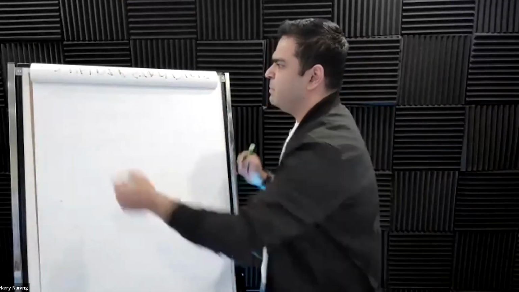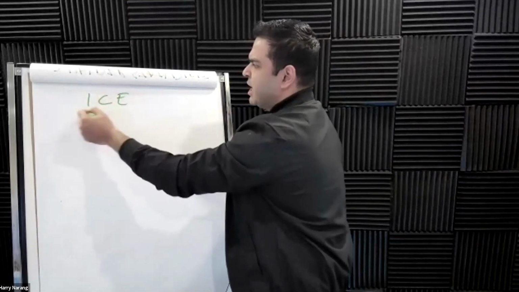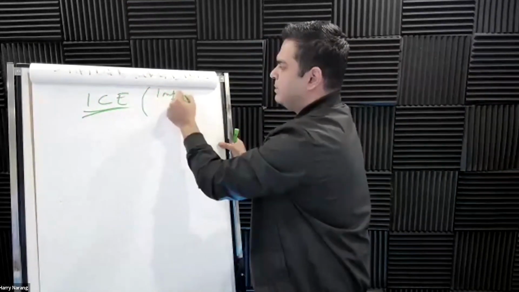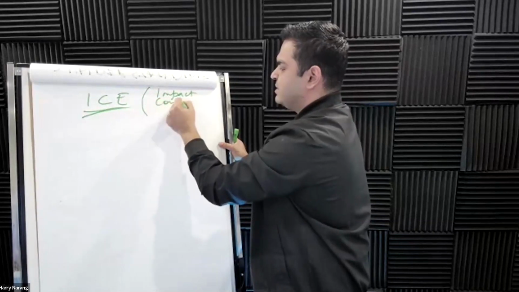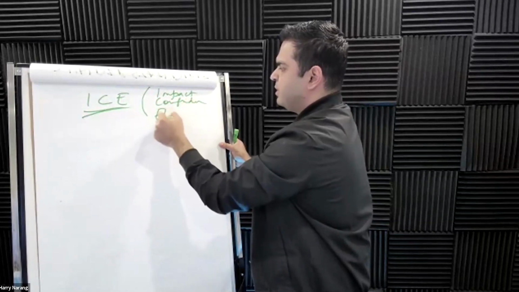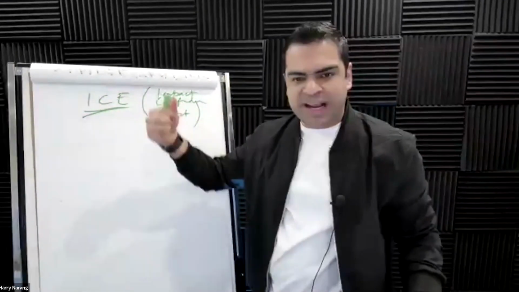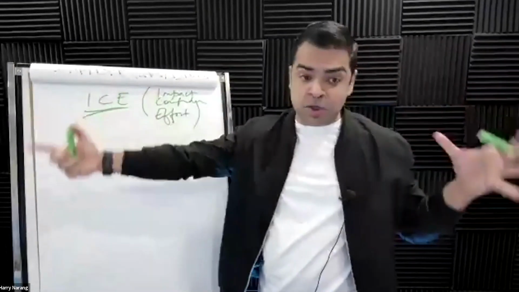Now, product managers, through their expertise, use some kind of a model. There are many models available. ICE, this is something I'll invite you to Google about. It stands for impact, confidence, effort. So this is a model for quick prioritization on a bunch of ideas.